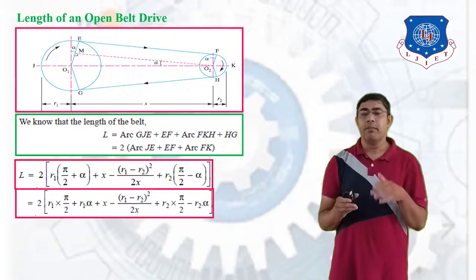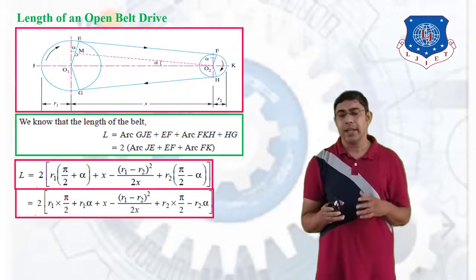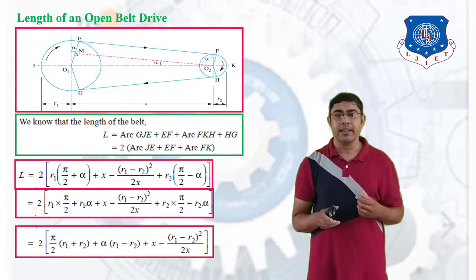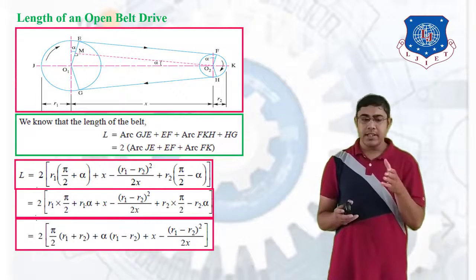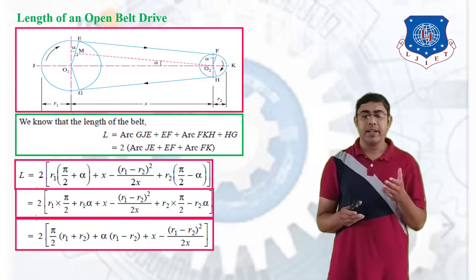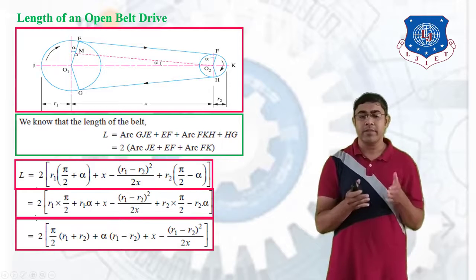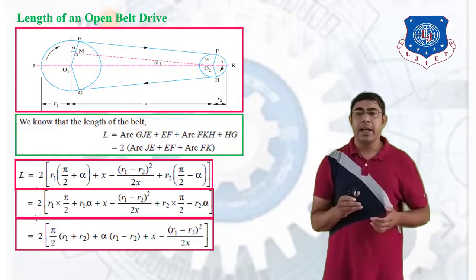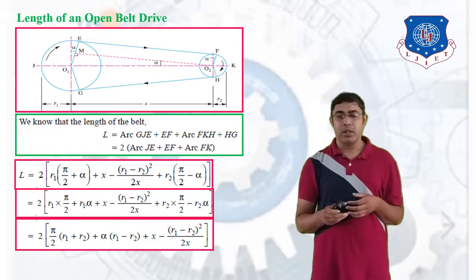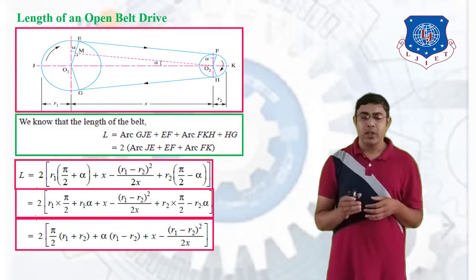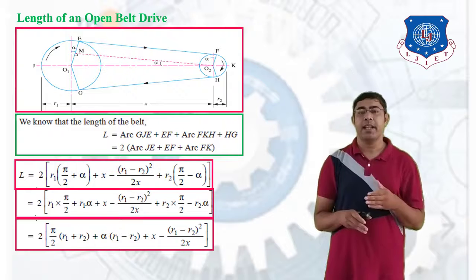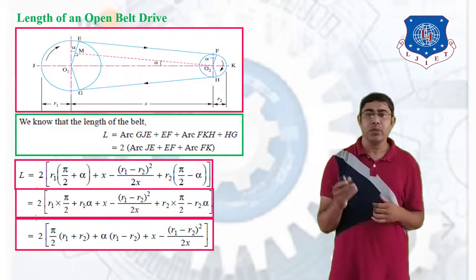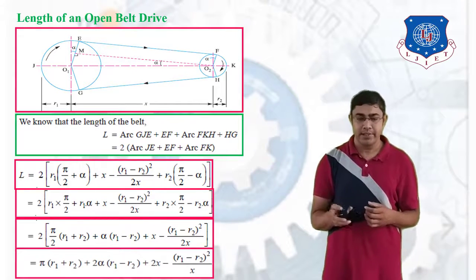If we multiply R1 and R2 in the bracket, we get an equation like this. And we simplify it by considering the common terms of alpha and pi by 2. So we get L is equal to 2 into pi by 2 into (R1 plus R2) plus alpha into (R1 minus R2) plus x minus (R1 minus R2) raised to whole square divided by 2x.